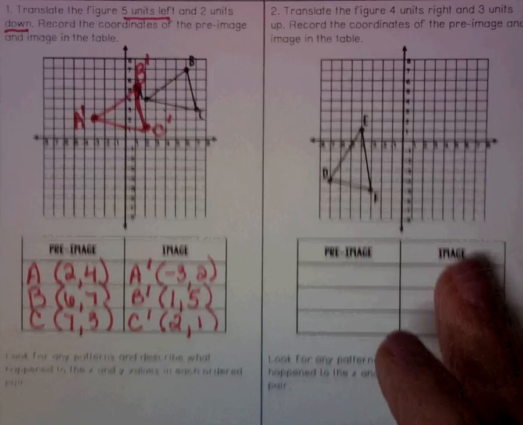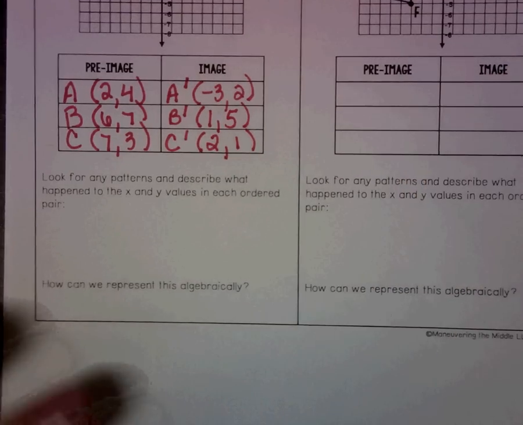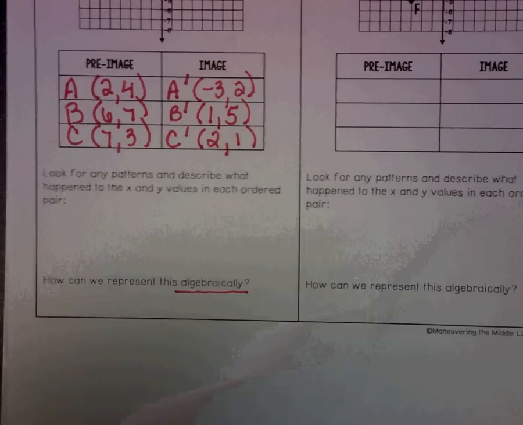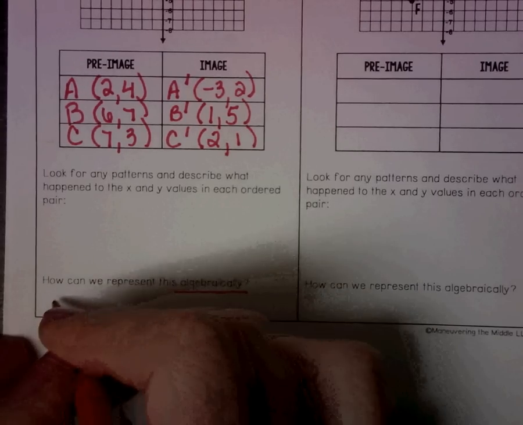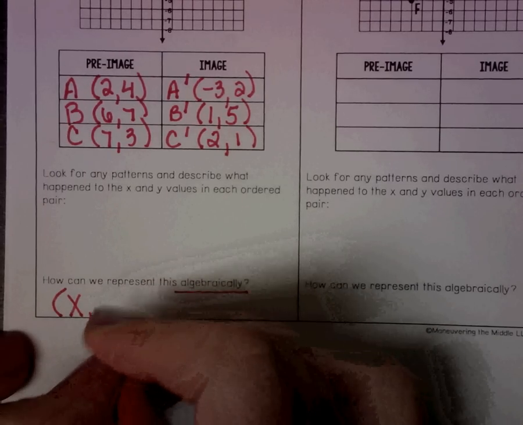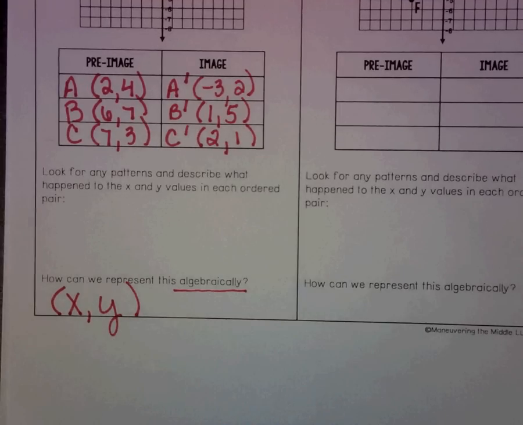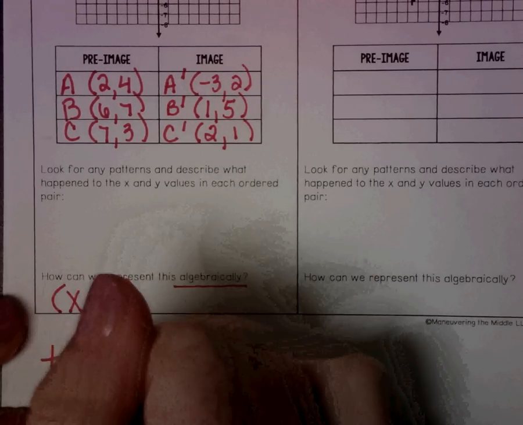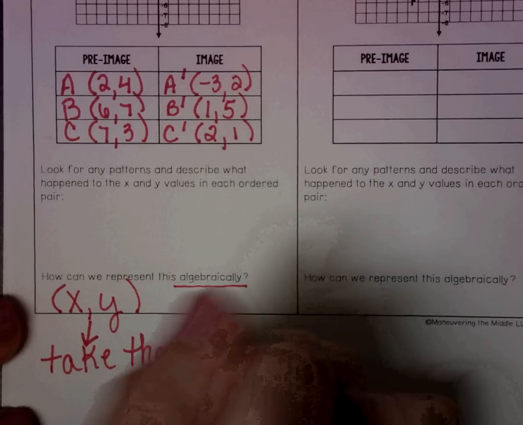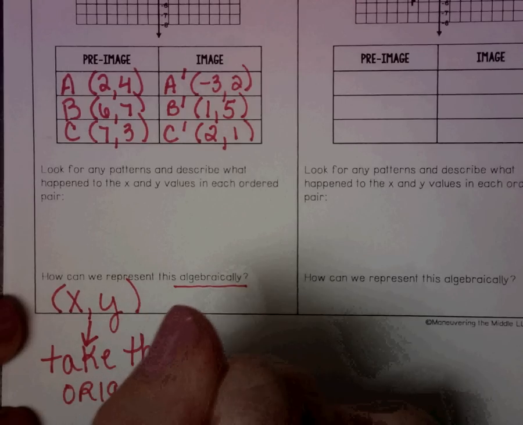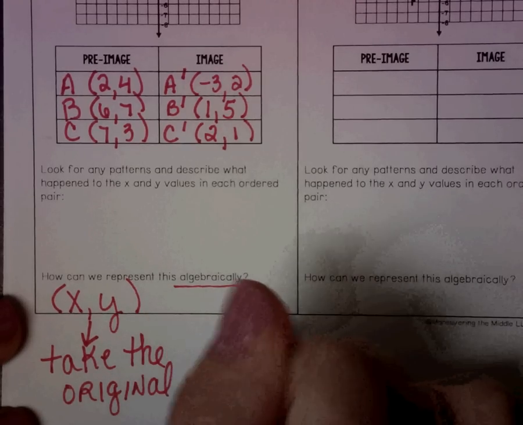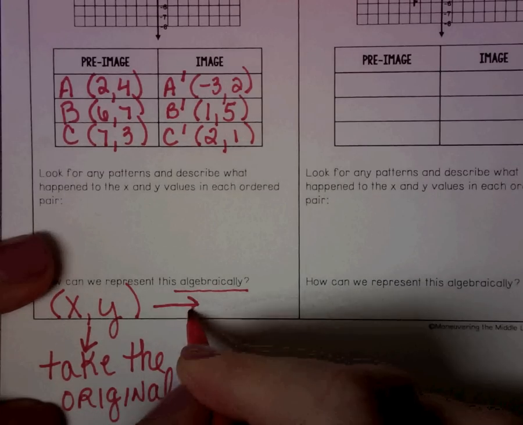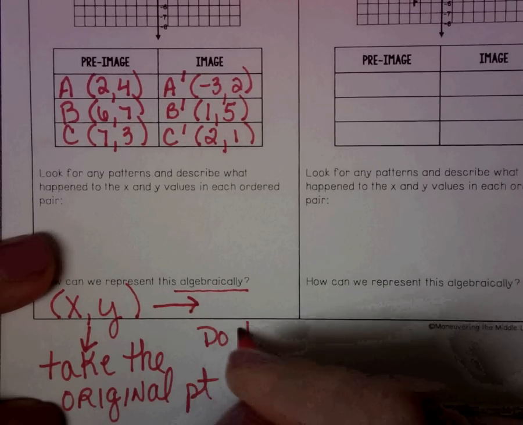Okay? Now, really the next really important step is how do we represent this algebraically? And so the way you're going to see your algebraic rule is they write the coordinate x, y, like they literally put x, y. It's saying take the original point, x, y, and then they draw an arrow and they say do this.